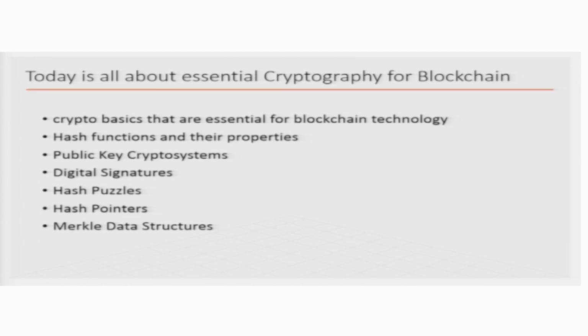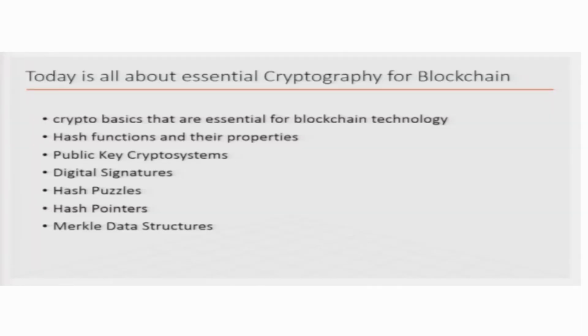We will talk a little bit about public key crypto system, because in most blockchain the public key of an individual is used as his address of an account. So, public key crypto system, understanding how it works is very important. The another thing that is very important in blockchain is digital signatures, because all transactions must be signed digitally by the appropriate person or appropriate account.